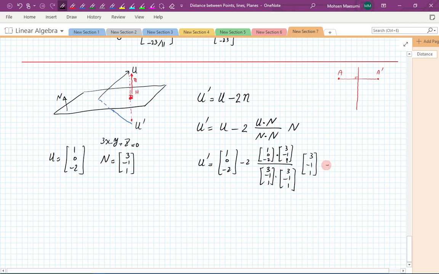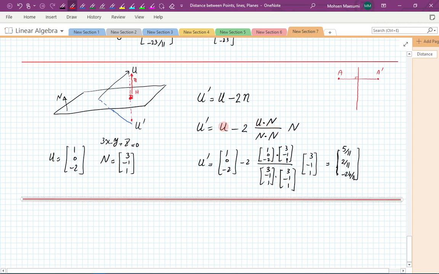So you go ahead and calculate this thing, and I guess what we get is going to be 5/11, and then 2/11, and then -24/11. Okay, so that was simple.